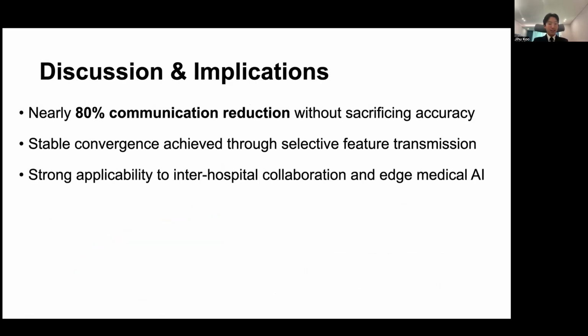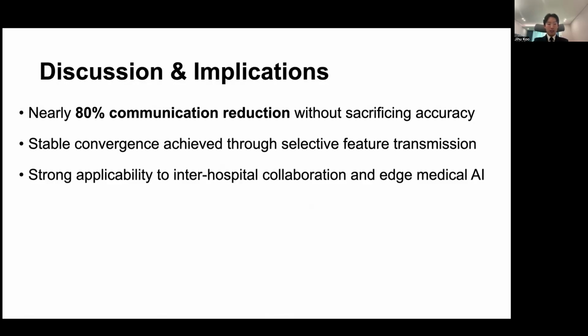So in summary, the experimental results demonstrate that SFSFL achieves a substantial communication reduction, approximately 80%, while maintaining or even improving model accuracy. The selective transmission of high-value feature representations enables more stable and more robust aggregation under non-IID client distributions.